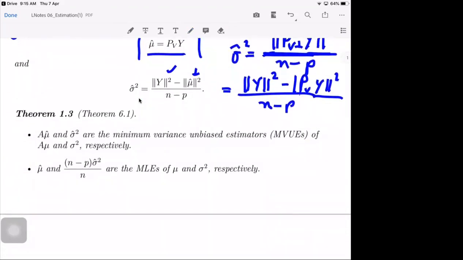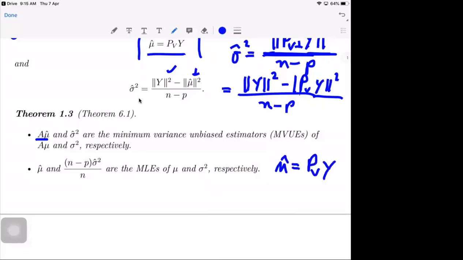Now, Theorem 6.1 in Arnold tells you that if we pre-multiply mu hat, which is the projection of Y onto V, by an arbitrary matrix A, which will be equal to A times the projection of Y onto V, then A mu hat and sigma hat squared are minimum variance unbiased estimators of A mu and sigma squared, respectively.